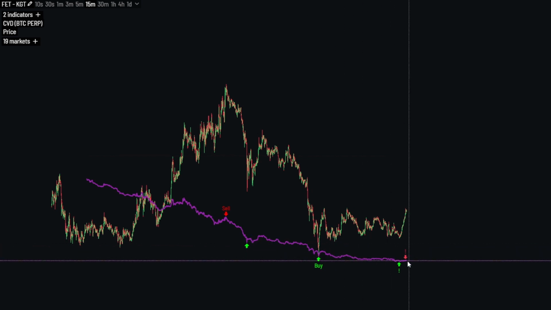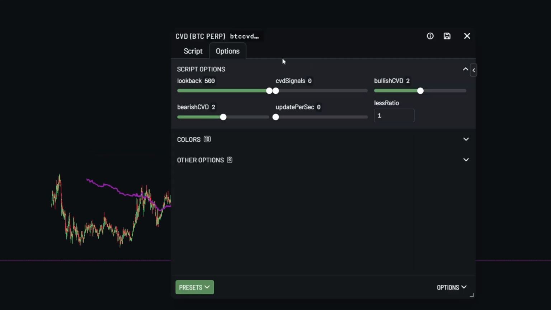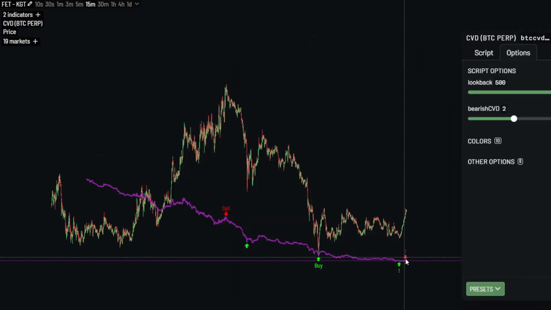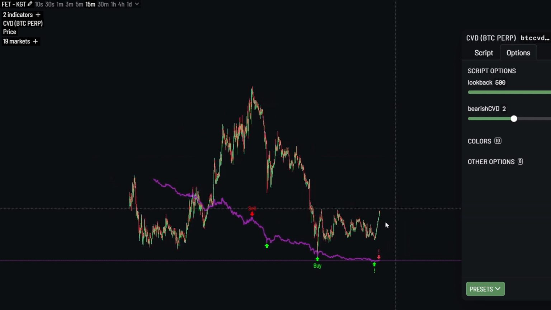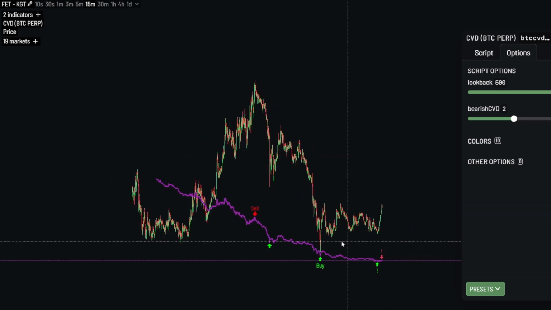However, it is a strong divergence somehow for FET, so be careful with it as well. It might continue towards the upside. And for the bearish, it is also an even bigger one. So if we start to move towards the downside from here, this is the strongest signal on the 15-minute chart. So we are kind of 50-50, guys. We are very neutral. We're still looking for a price action or for a price decision.